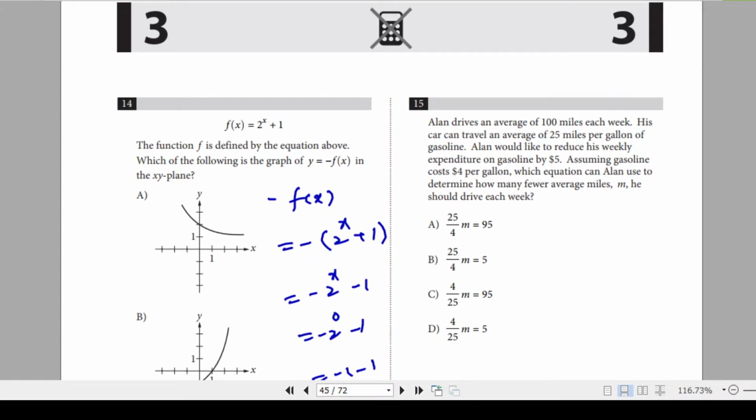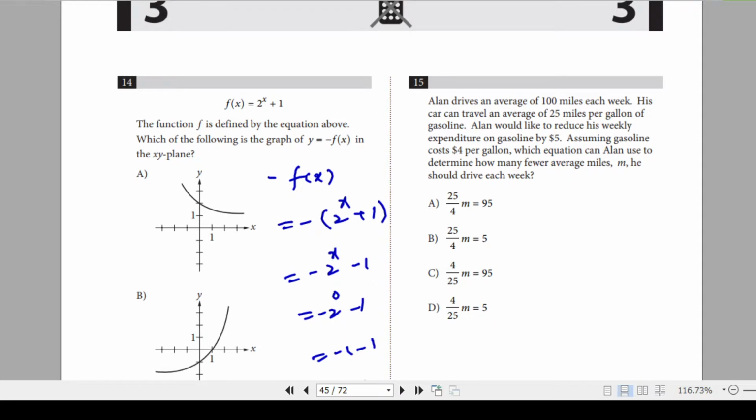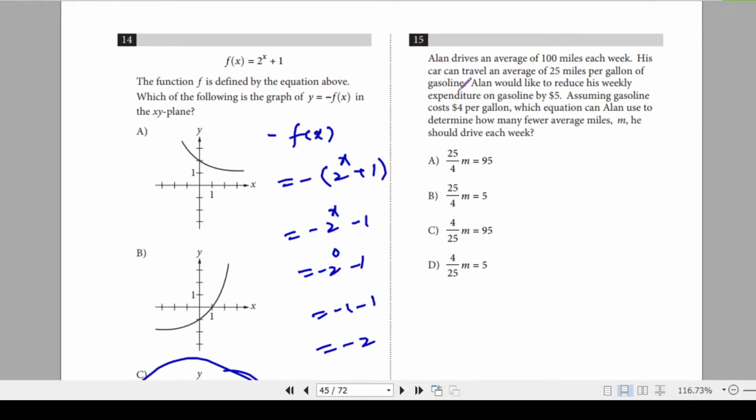Question number 15. Alan drives an average of 100 miles each week. His car can travel an average of 25 miles per gallon of gasoline. Alan would like to reduce his weekly expenditure on gasoline by $5.